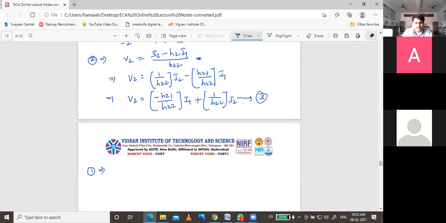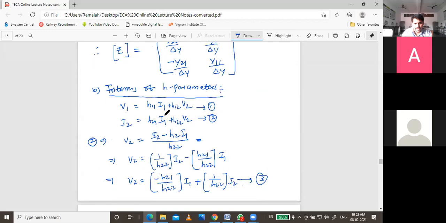Here you write V1 equal to H11 I1 plus H12 V2. See here, H11 I1 plus H12 V2. But this V2 value, you substitute this V2 value. Substitute. Just wait a minute.